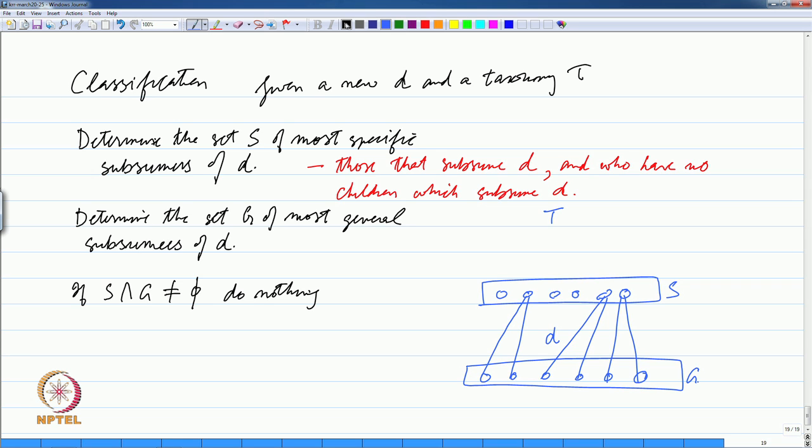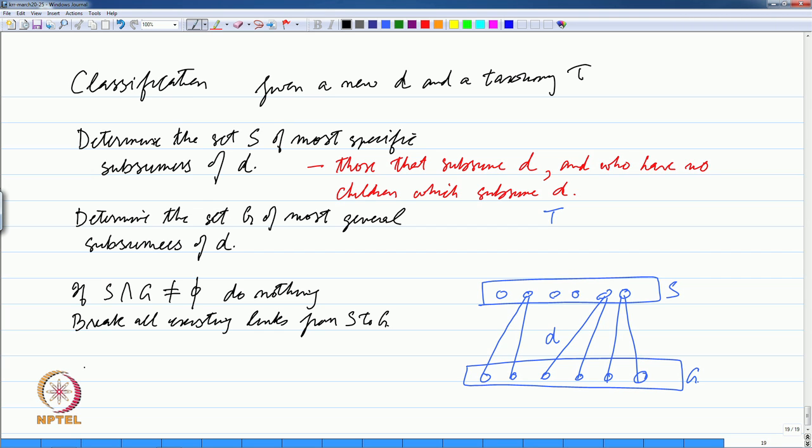So, the next step is to break all existing links or edges from S to G. If there are edges, then remove them. So, the edges that we are talking about are the ones which are depicted in blue here essentially.